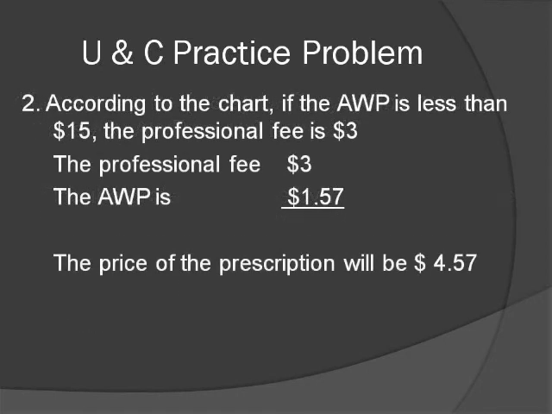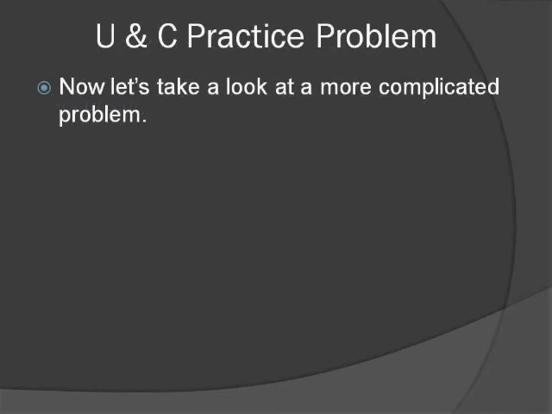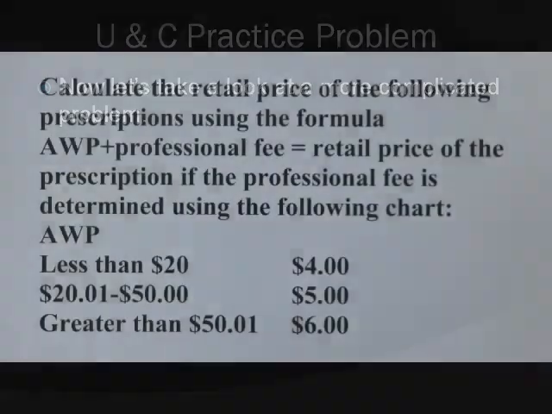Now we plug that back into the original chart. According to the chart, the AWP is less than 15, so the professional fee is $3. We add the $3 to the AWP of $1.57, and our resulting price for the prescription will be $4.57. Now let's look at a more complicated problem on video illustration, and that will conclude this session.